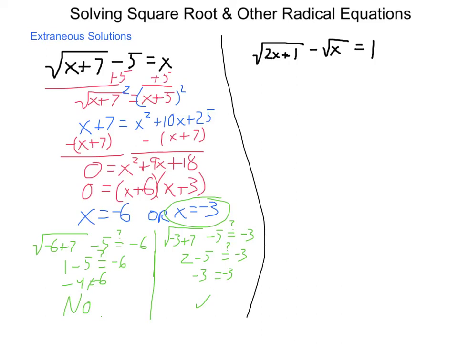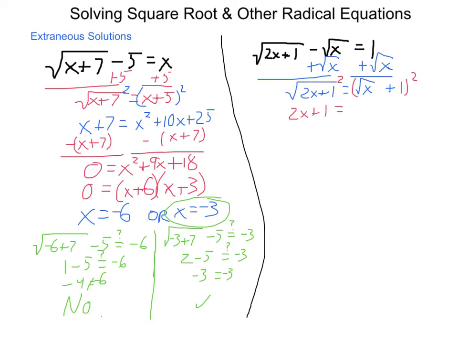Now what happens if we have multiple radicals inside of our equation? What's going to happen here is I will add the square root of x to each side. So I come out with the square root of 2x plus 1 equals the square root of x plus 1. Now I will square both sides of the equation. I get 2x plus 1 equals square root of x plus 1 squared.